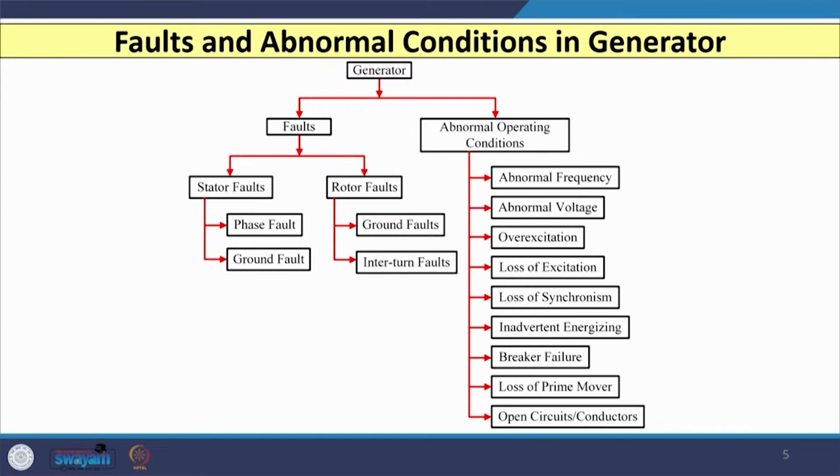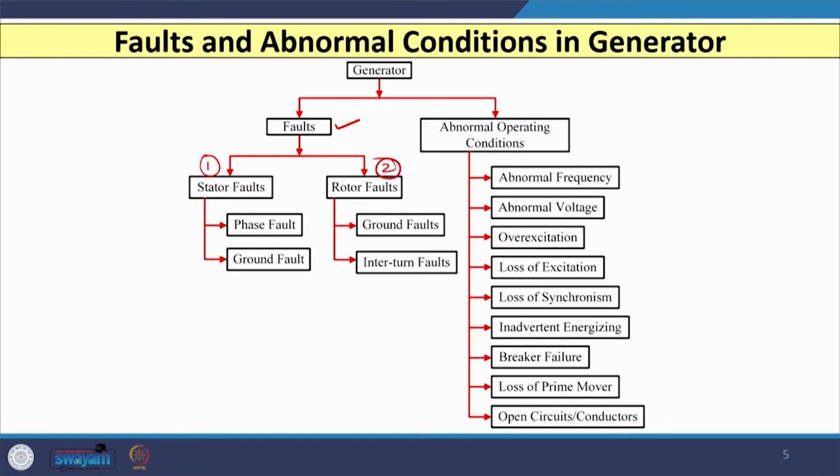synchronous generator or alternator. So, in any large generator, faults and abnormal operating conditions are there. If we categorize the faults, then they can be classified as stator faults and rotor faults.